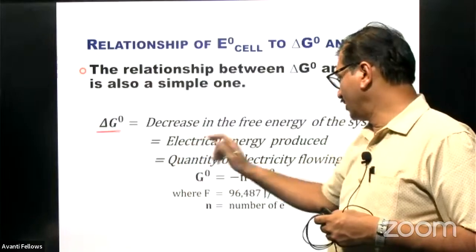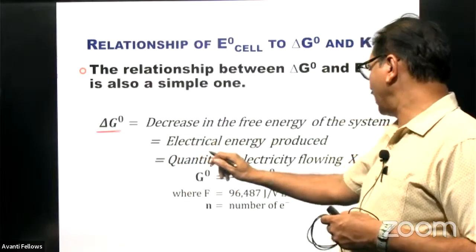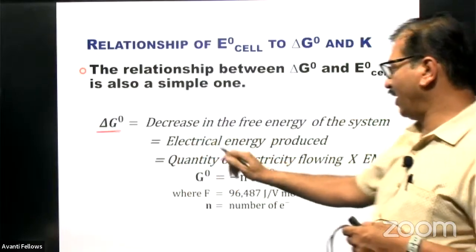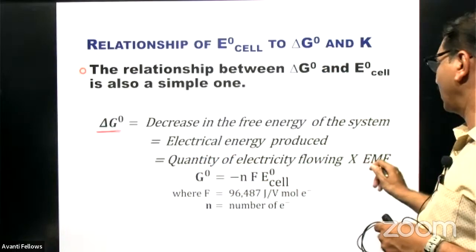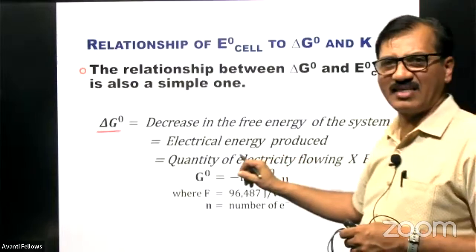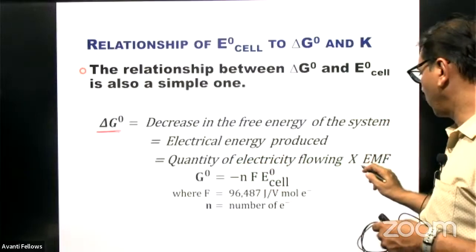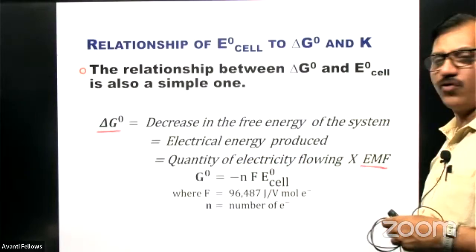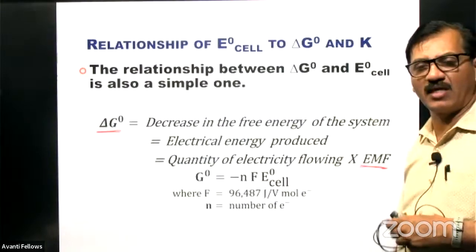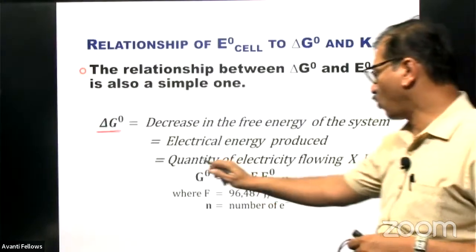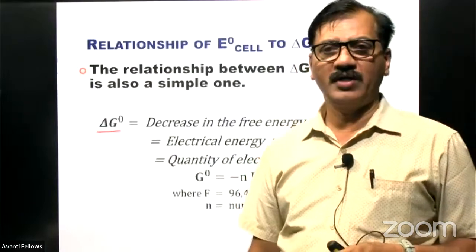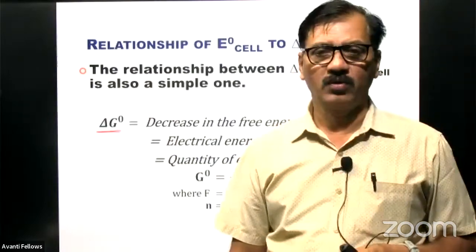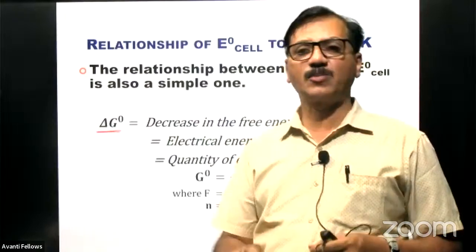If it is electrical energy produced, then the definition of energy is generalized force into generalized displacement. What is the force? Electromotive force. The EMF of the cell itself is the force, and the quantity of charge that is passed through is what is displaced.